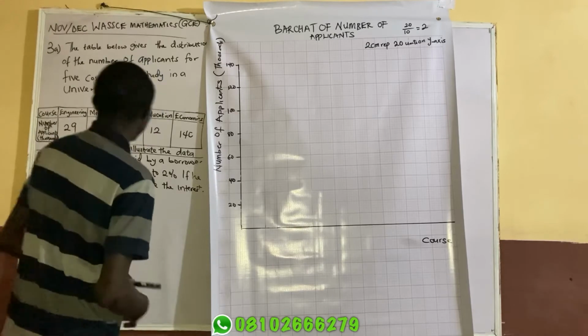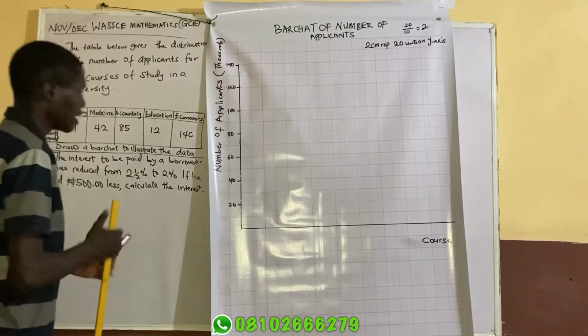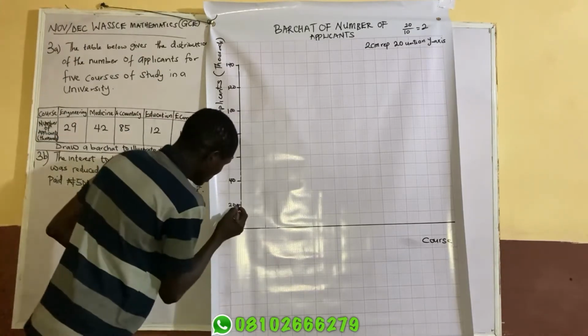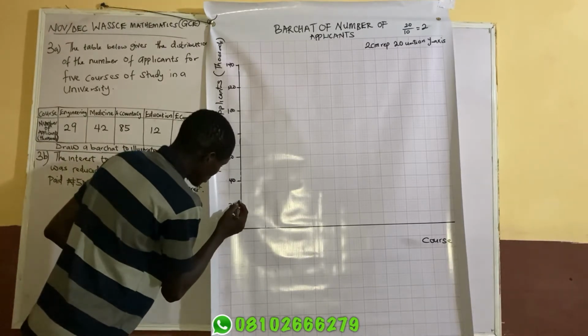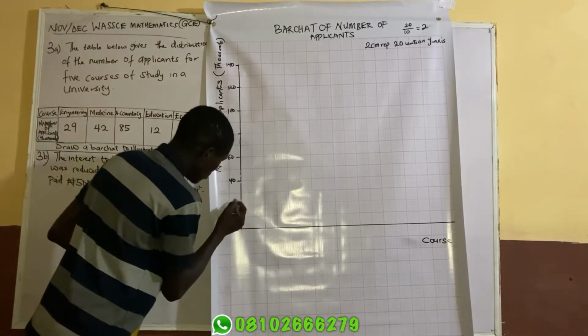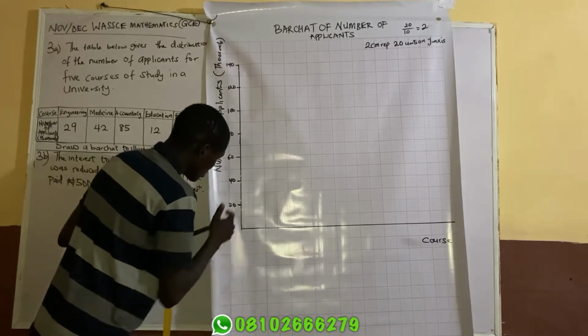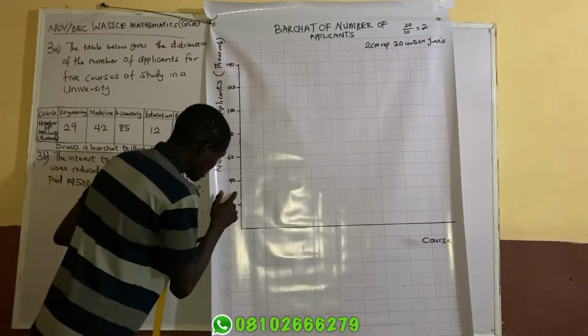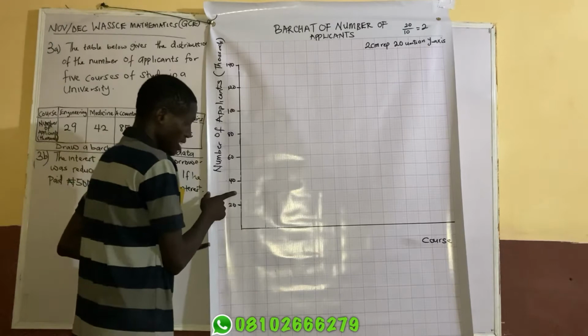So now this 29, let's read. This is 20, 22, 24, 26, 28, this is 30.